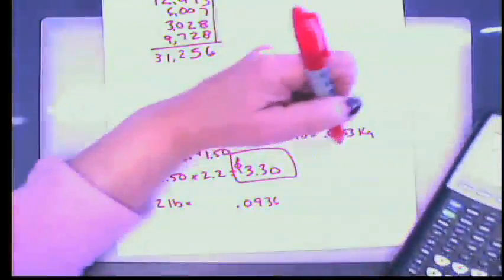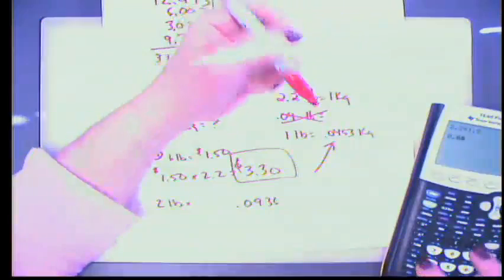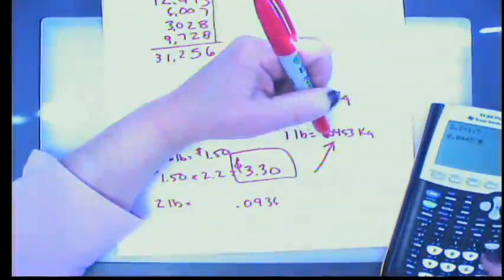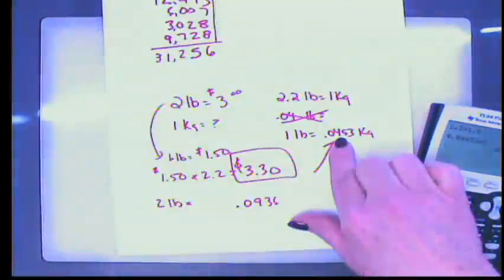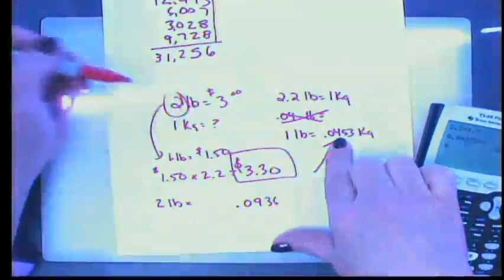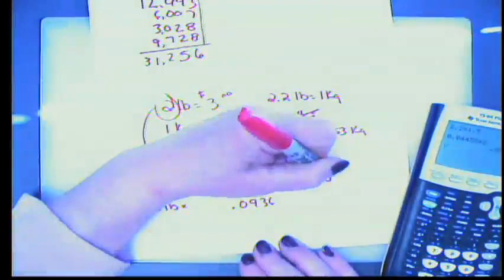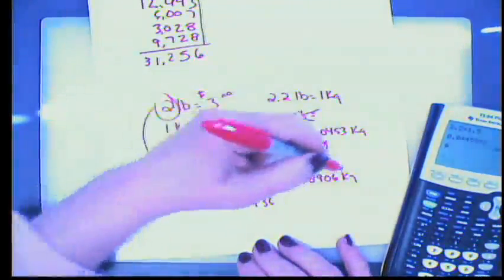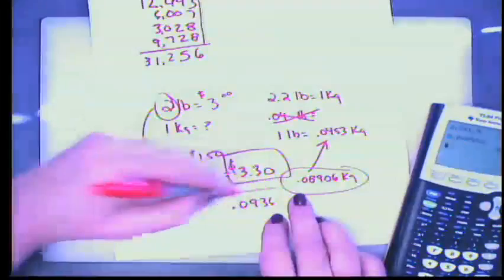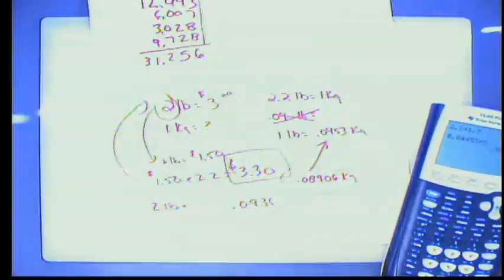You did, that's okay. If you do 0.0453 times 2, right, that comes out to be 0.0906 kilograms. So in other words, 0.0906 kilograms is the same as 2 pounds, right?